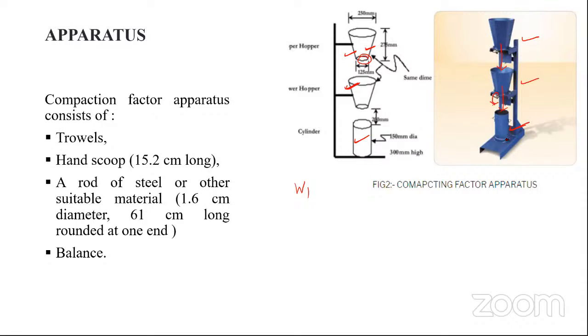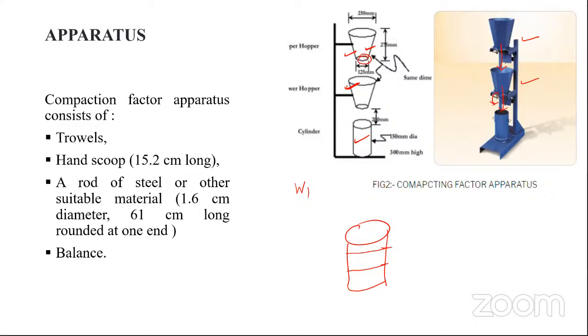Then again, we empty this whole cylindrical mold and clean it, and we fill this cylindrical mold in three layers of concrete, and each layer is tamped 25 times with the help of a tamping rod.